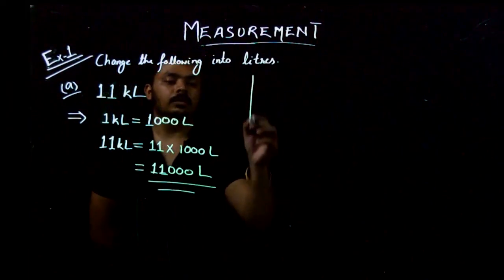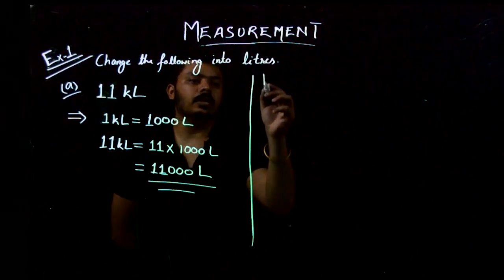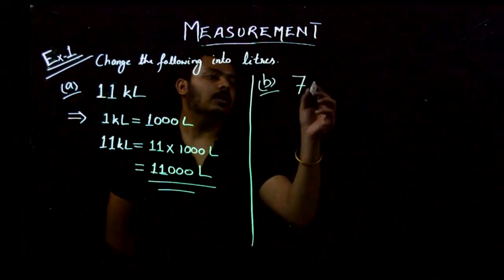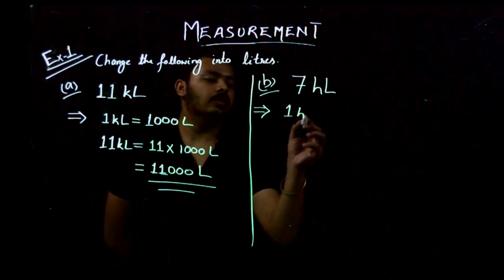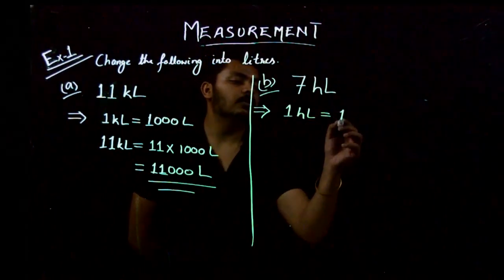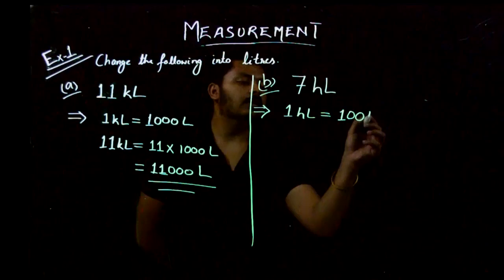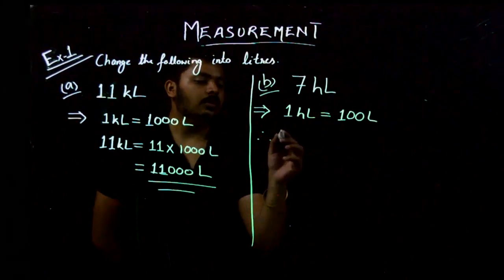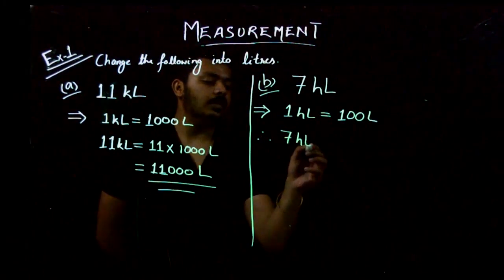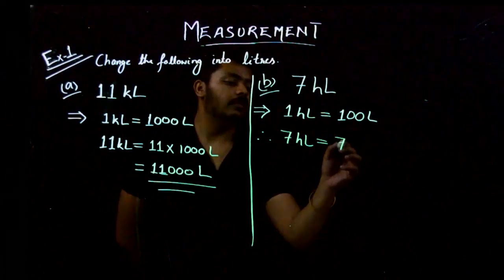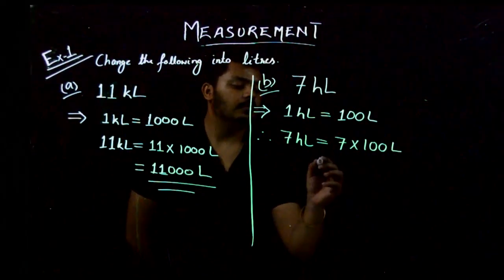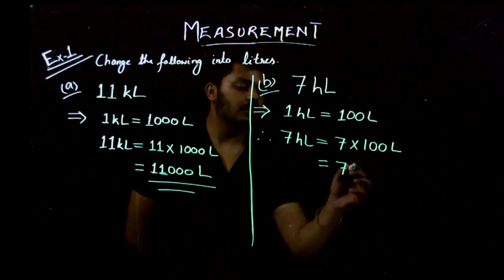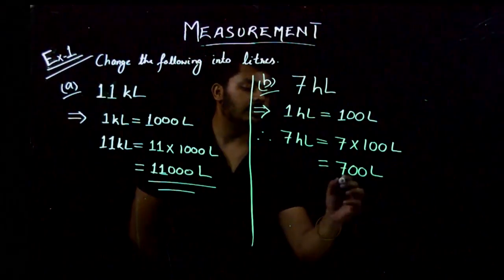Now similarly, let's look at part B, 7 hectoliters. As we know, 1 hectoliter is equal to 100 liters. Therefore, 7 hectoliters will be equal to 7 multiplied by 100 liters, equals 700 liters.